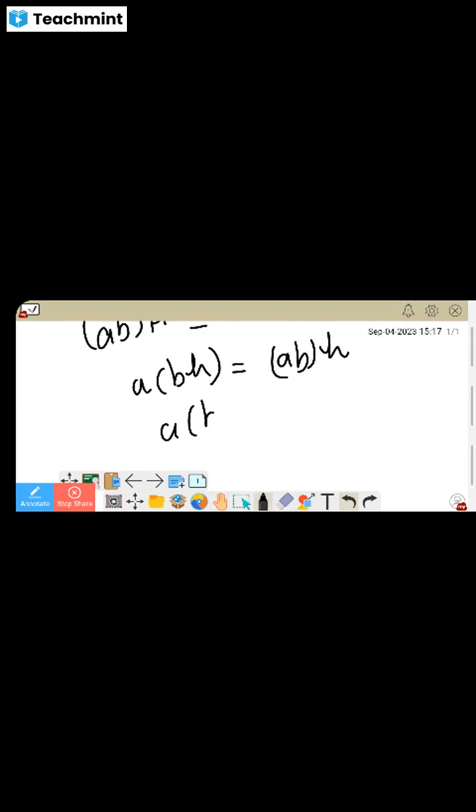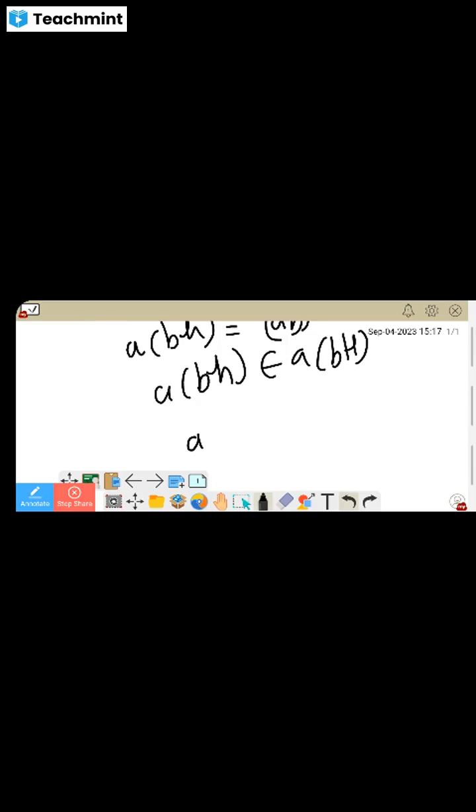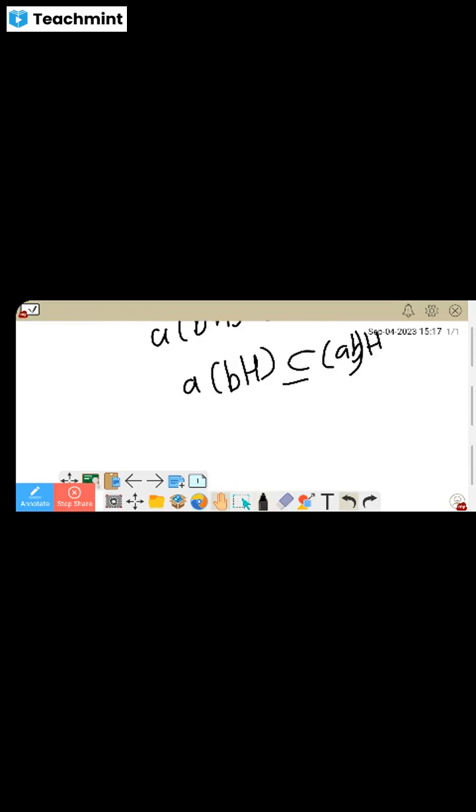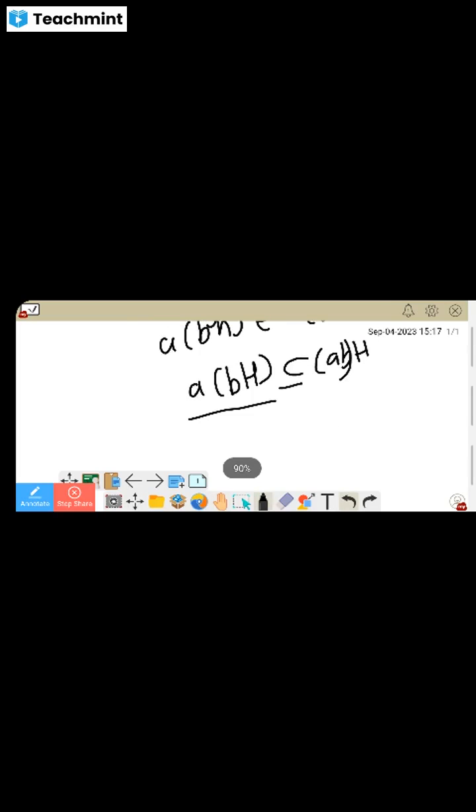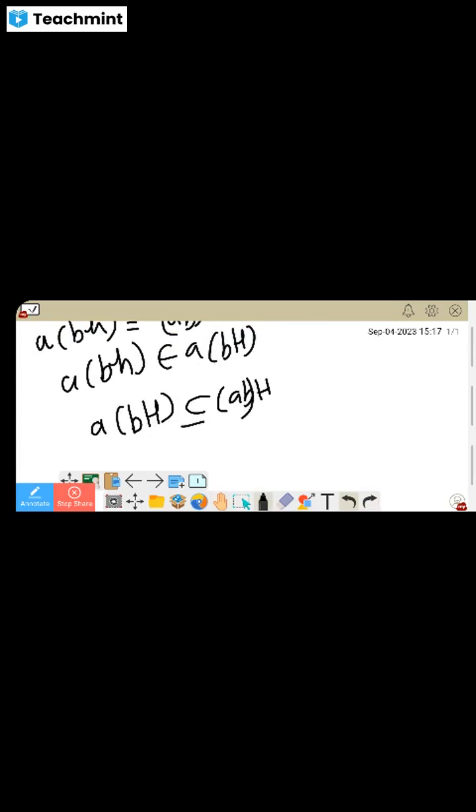A into BH belongs to AB into H, and A into BH is a subset of AB into H. So we can see here this is a subset of this, and we may take this as 2.